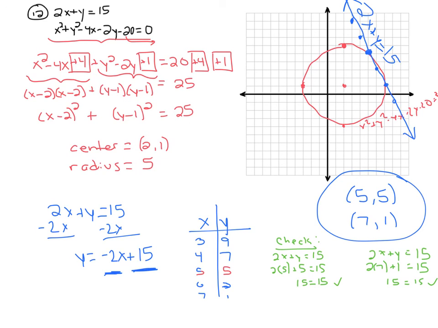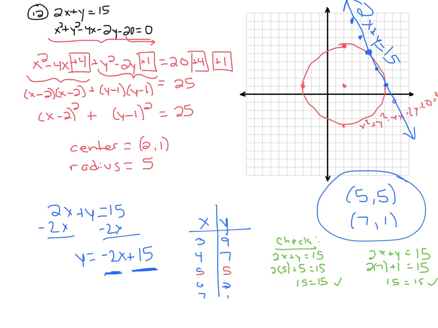So if I take my original equation, 2x plus y equals 15, and take the coordinate 5, 5, and substitute in 5 for x and 5 for y, I do get both sides of the equation to equal 15. If I also plug in an x coordinate of 7 and a y coordinate of 1, I also get both sides of the equation to equal 15. So the point 5, 5 definitely checks.